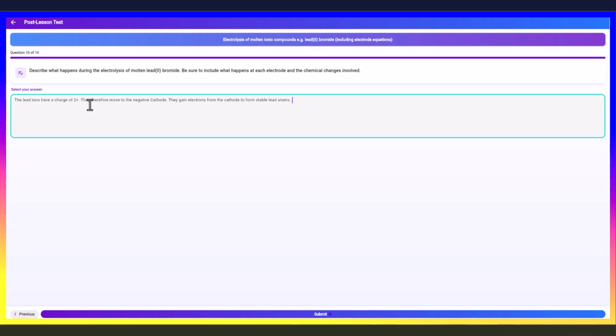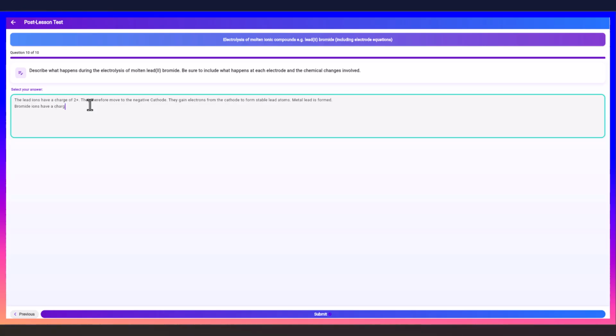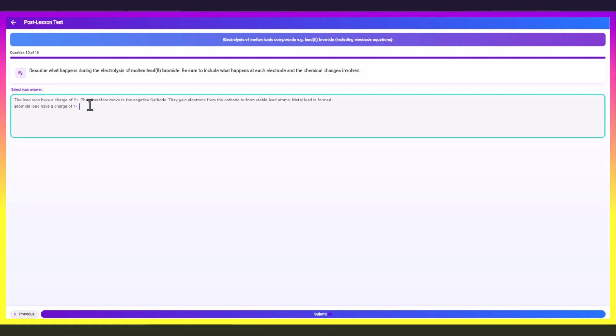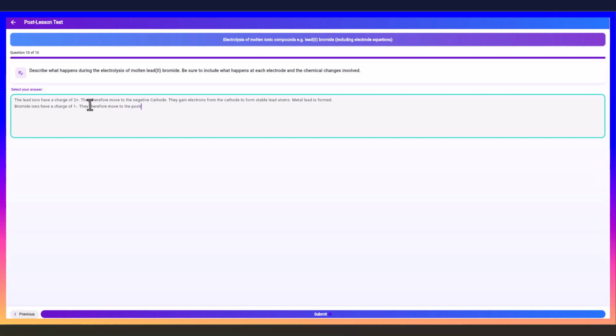So lead metal is formed. Then for bromide, ions have a charge of 1 minus. I never understood why it's not -1, but that's just what happens in chemistry. Bromide ions have a charge of 1 minus. They therefore move to the positive anode. They give their electron to the anode.